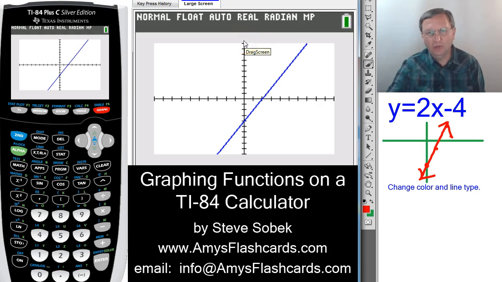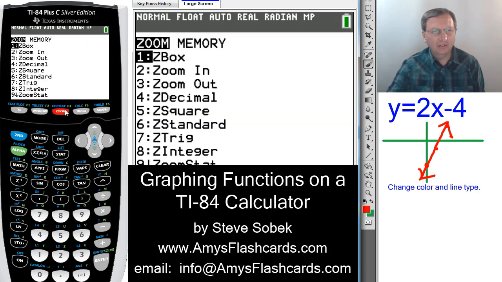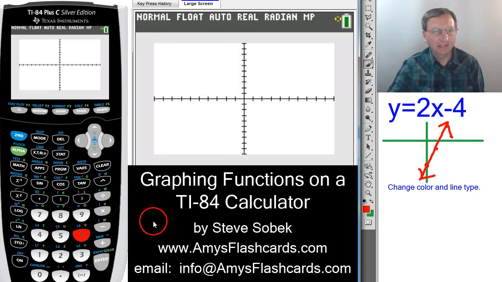The quickest way to obtain that standard window is to click on your zoom button right here and choose number 6. Number 6 is the standard window. So zoom standard will be number 6, so click on a 6, and then your window will look just like mine.